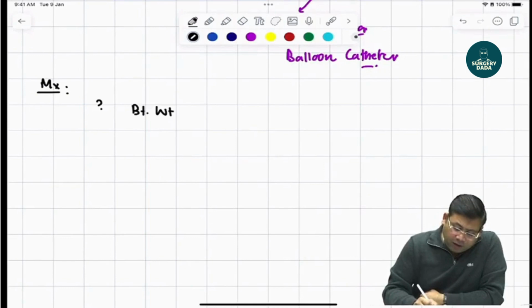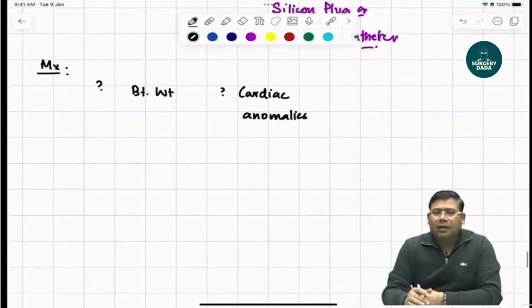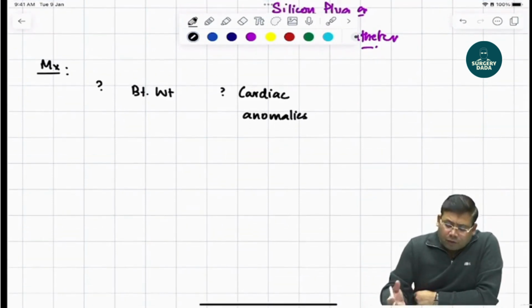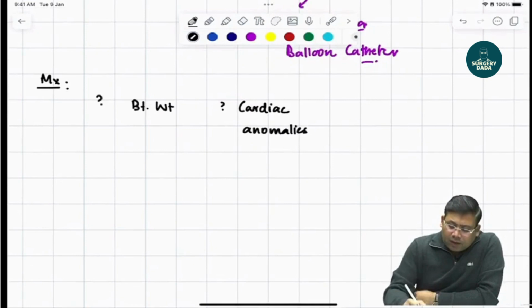Point number one: we need to check the presence or absence of cardiac anomalies. If the birth weight is okay and cardiac anomalies are not there, what will be the management? If they are present, what will be the management? So let us understand birth weight, cardiac anomalies, the mortality rate, and therefore the management.